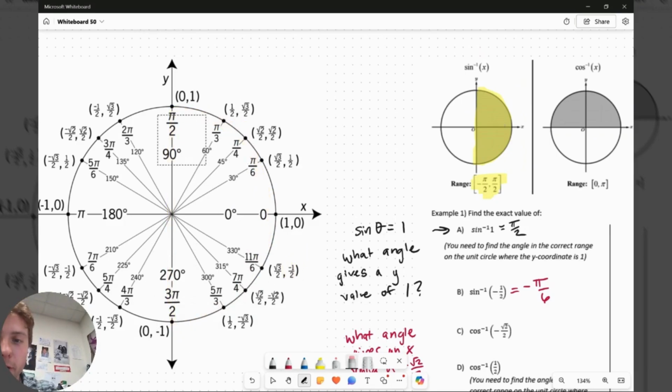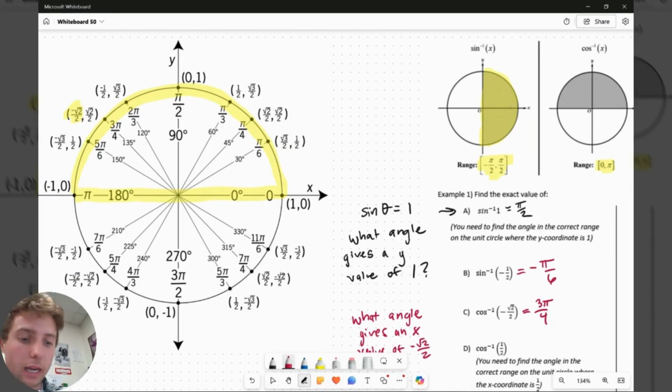So now for cosine, I am only curious about this top part of the unit circle, quadrant 1 and 2. So, okay, we want negative root 2 over 2. This is an x value. Look at each of the x values, and I see it's here. This value is in the range of 0 to pi. So now we have our answer, which is 3 pi over 4.